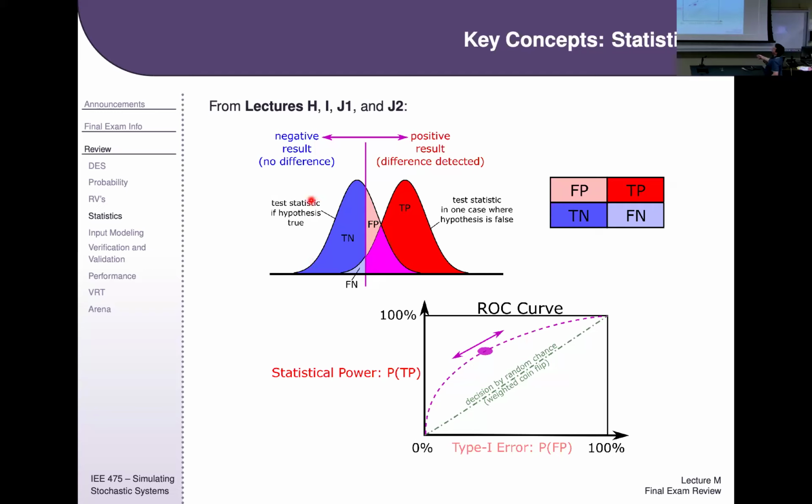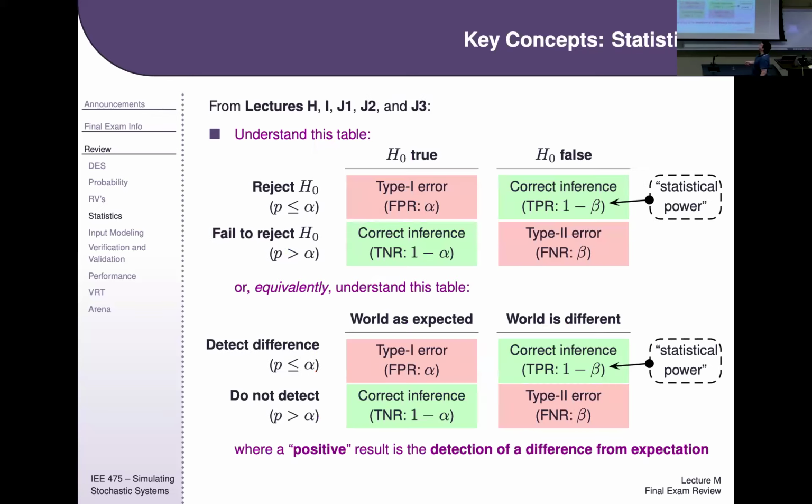And so, understanding this diagram here: how does this diagram relate to hypothesis testing? Where do those 4 categories come from out of this diagram? Where does this threshold come from? What is the ROC curve? And what is the trade-off between type 1 error and statistical power? Those are good things to have conceptualized to be able to answer questions about.